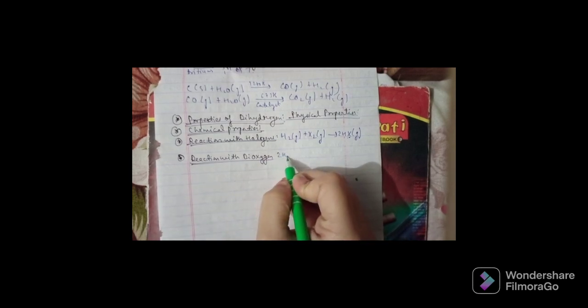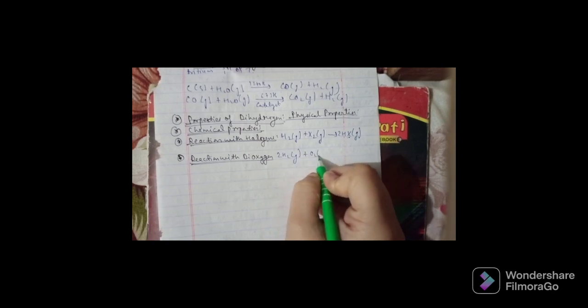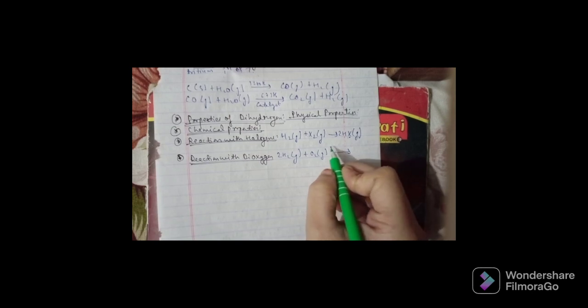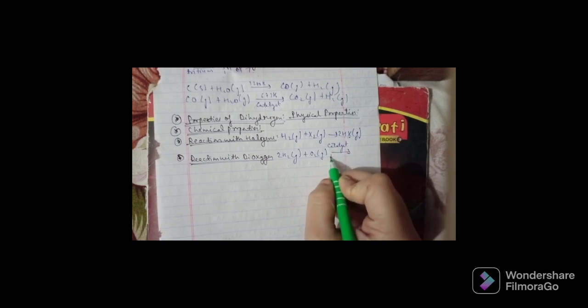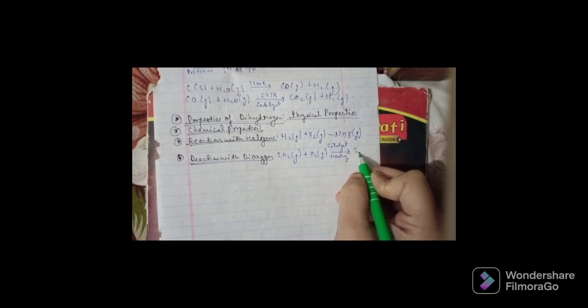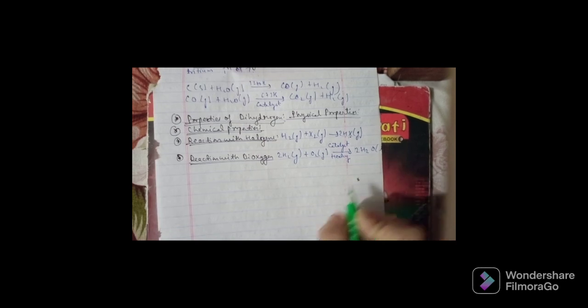So 2H2 in the form of gas reacts with O2 in the presence of catalyst or heating, which will give you 2H2O, and the enthalpy change is minus 285.9 kilojoule per mole.